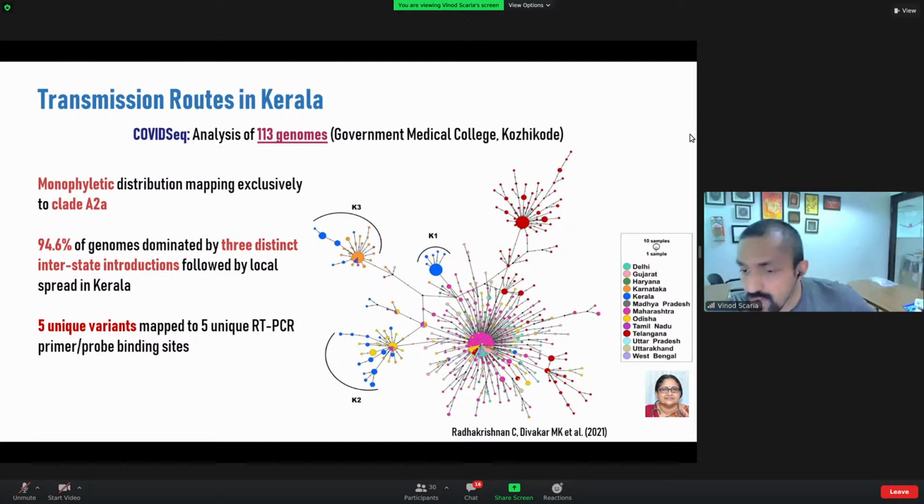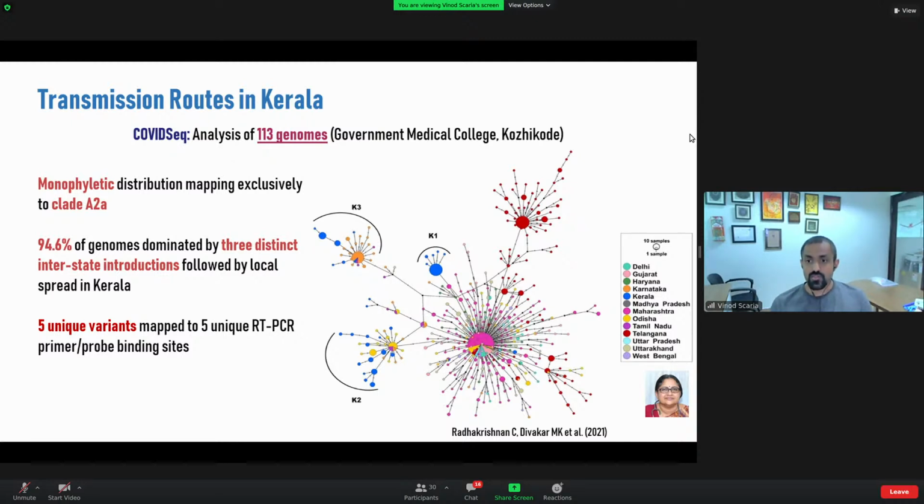I'm sorry for that. Not widely appreciated by the people out there. Now, genomic surveillance essentially showed that the predominant lineages of SARS-CoV-2 in Kerala came from largely 3 clusters, and none of these clusters had an international origin.